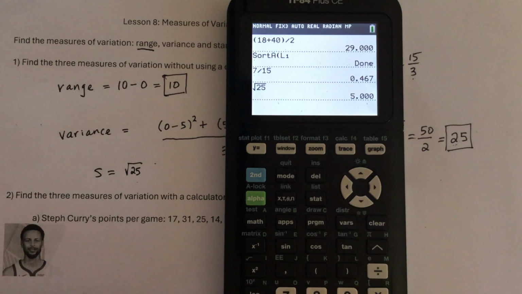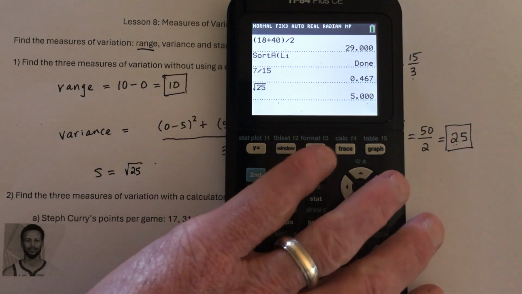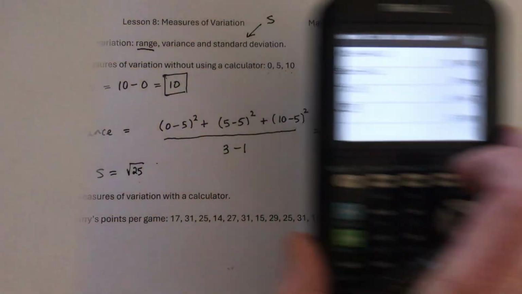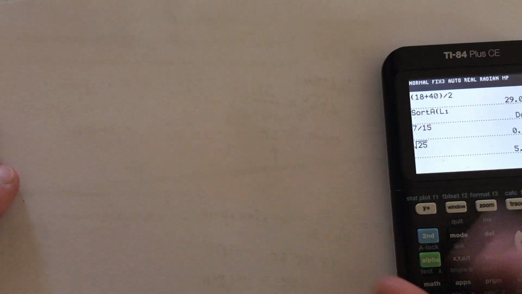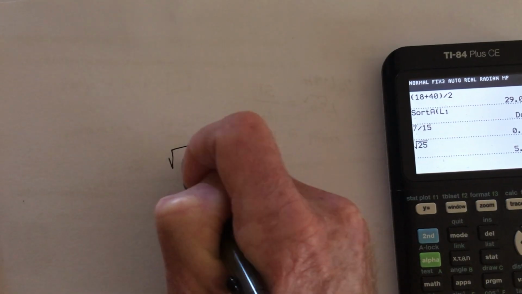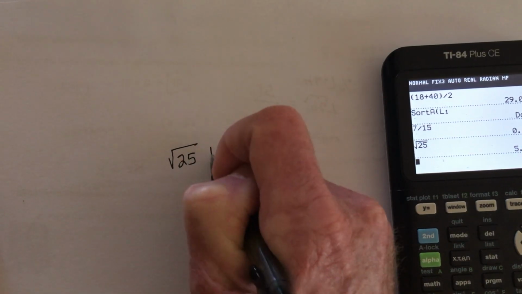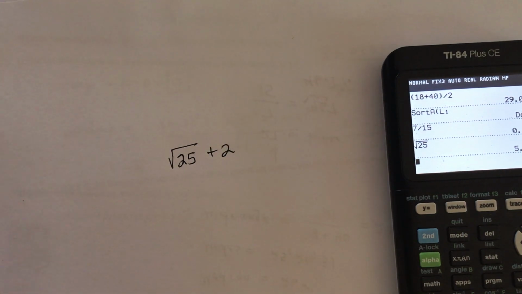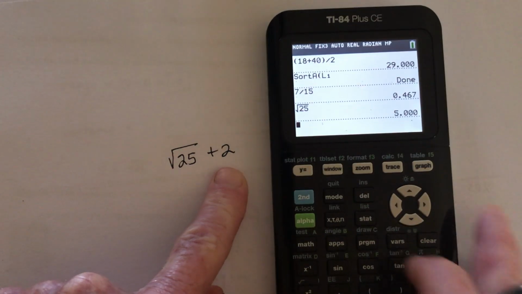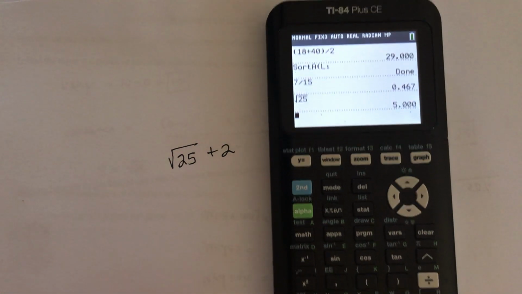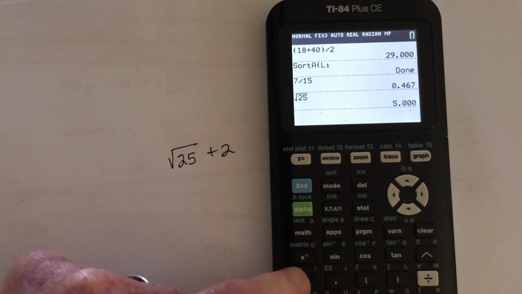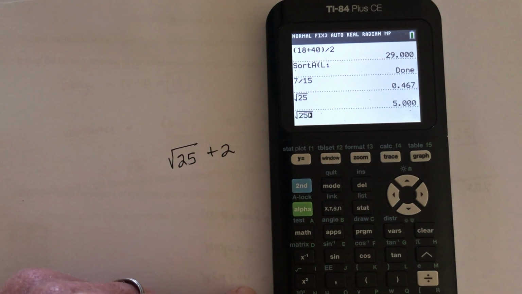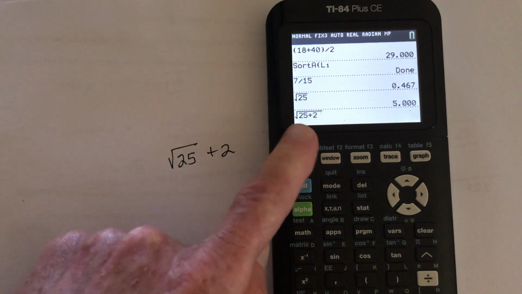Now, this next part is just a common mistake that students make, and I just want to show you. So let's say you were supposed to have, for whatever reason, so this is like a little pop-up ad for the calculator. Suppose you're supposed to have the square root of 25 plus 2. And the 25 is inside the square root, but the 2 is not. So when you do the square root, so second square root, 25, and if you put plus 2, it's going to keep making the square root.